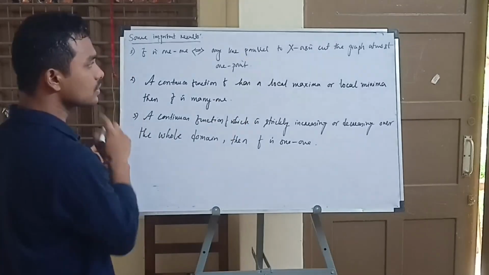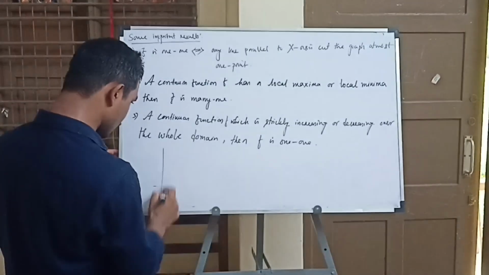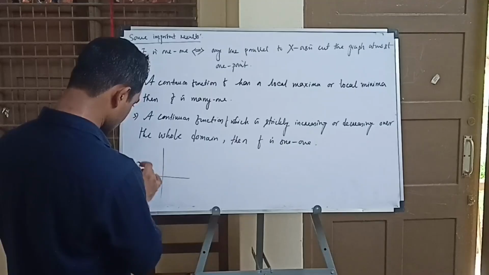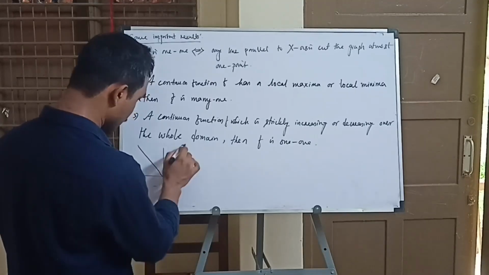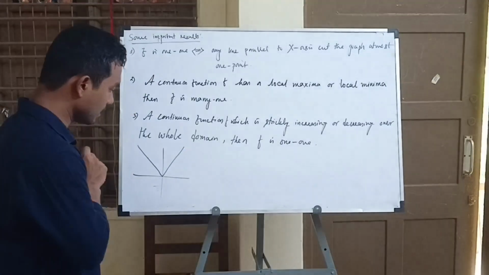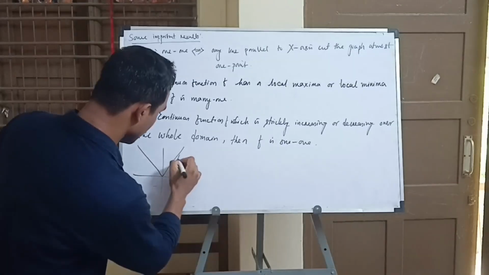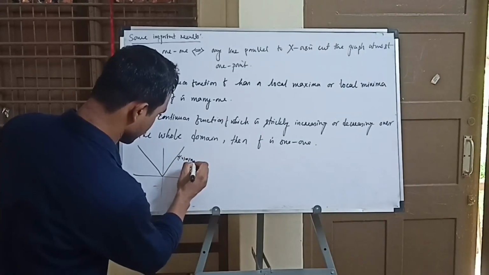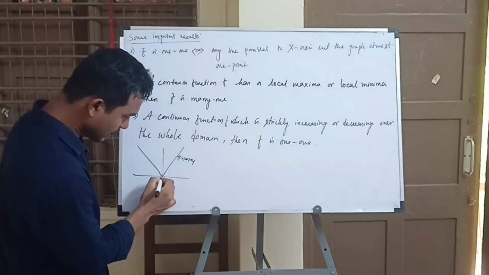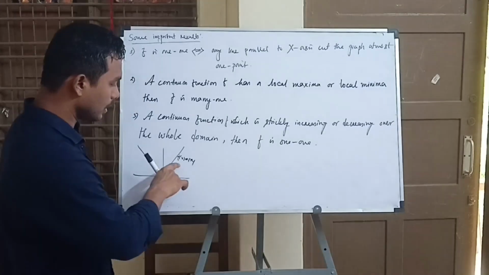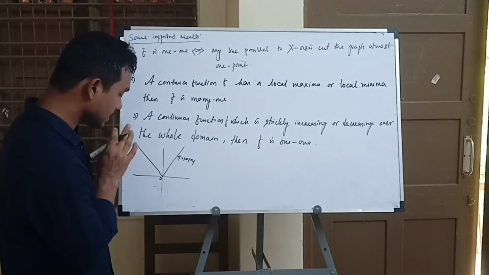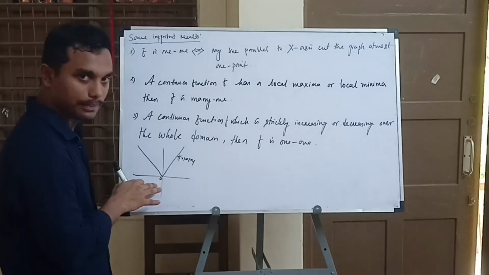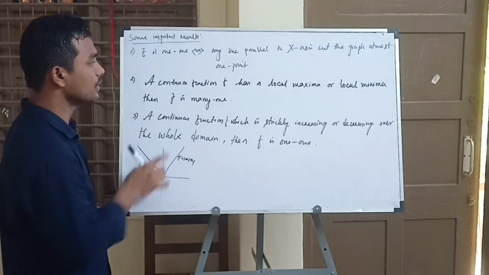Suppose this is a function. We know this function is many-one, correct? This is the function f of x equal to mod x. At x equal to 0, f has a minimum. So this function is many-one.